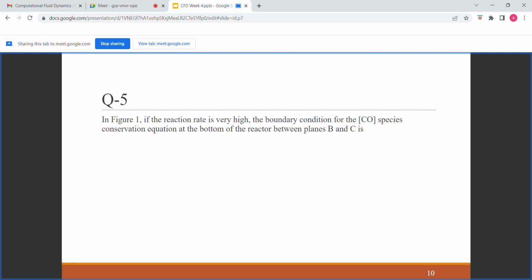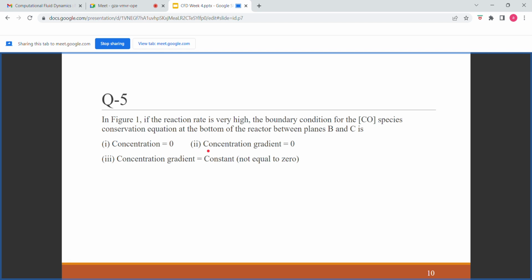So we'll see what are all the options that are available. First one is concentration would be 0, second is concentration gradient would be 0, and third is concentration gradient is equal to constant.